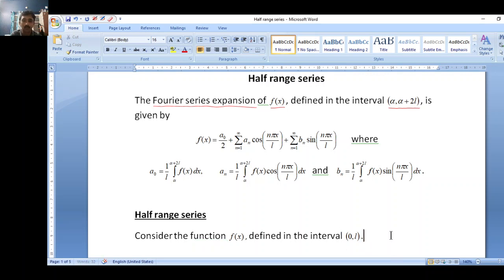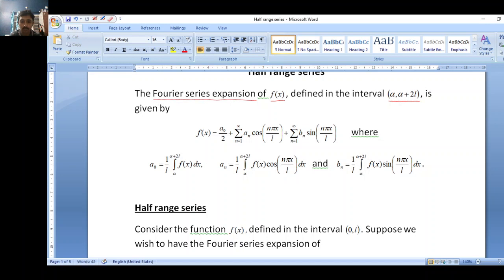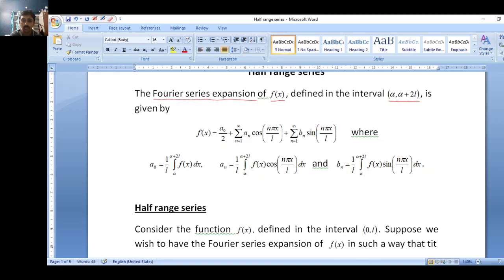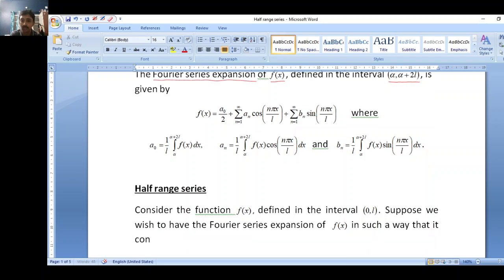So this is the given function of consideration, and as I said, suppose we wish to have the Fourier series expansion of f of x in such a way that it means the Fourier series contains only cosine terms as such.